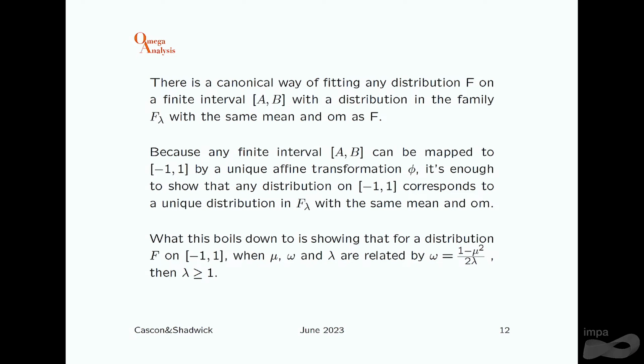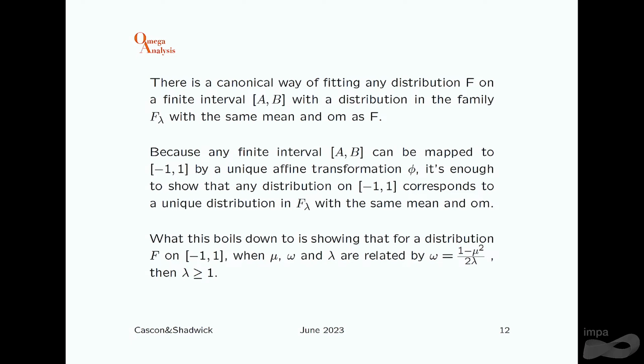When you have a sample of data, you have a sample that's on a finite interval, X min to X max, there's nothing infinite there. Every finite interval can be mapped to -1, 1 by a unique choice of the two parameters in an affine transformation, which doesn't change probabilities.